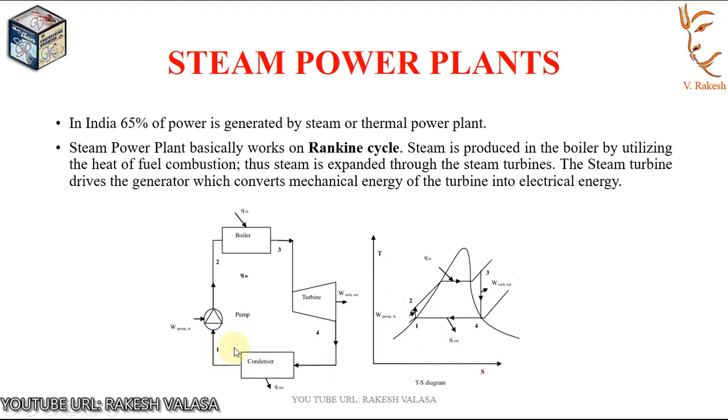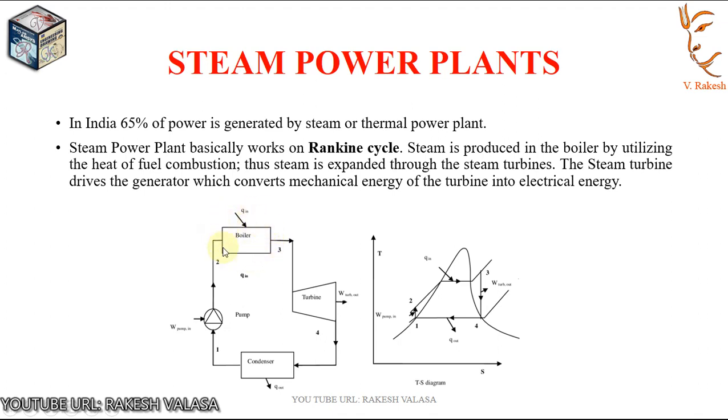Let us see the process 1 to 2. The working fluid is pumped from low to high pressure. As the fluid is a liquid at this stage, the pump requires little input energy. See the process 2 to 3. The high pressure liquid enters a boiler where it is heated at constant pressure by an external heat source to become a dry saturated vapor.